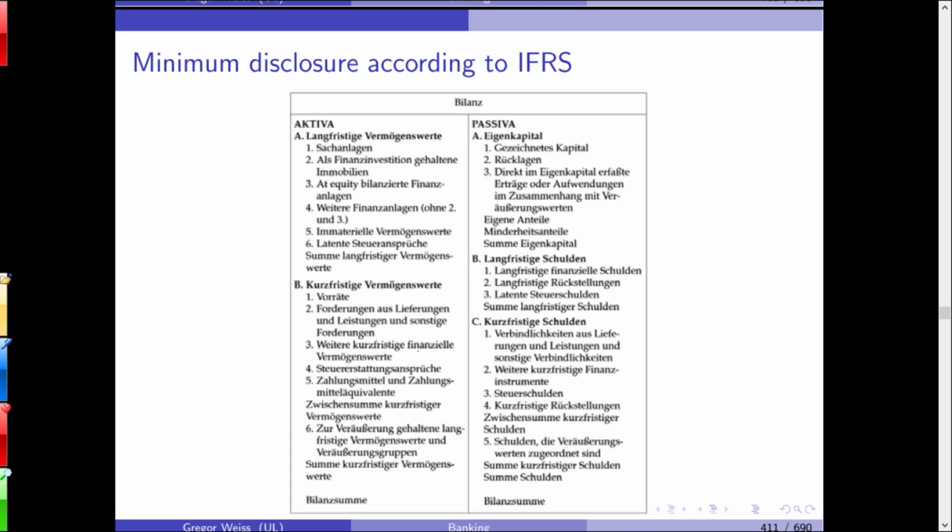So this is what, for example, a minimum balance sheet under IFRS could look like. Again, you have equity, long-term debt, short-term debt, long-term assets and short-term assets. It's much more condensed than under the German Commercial Code.